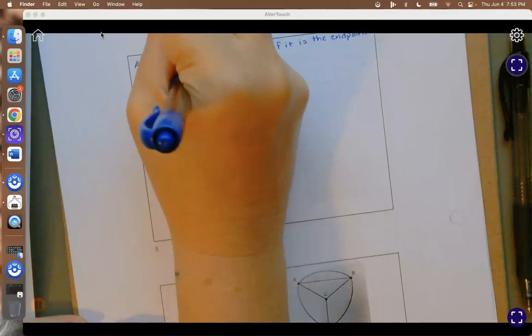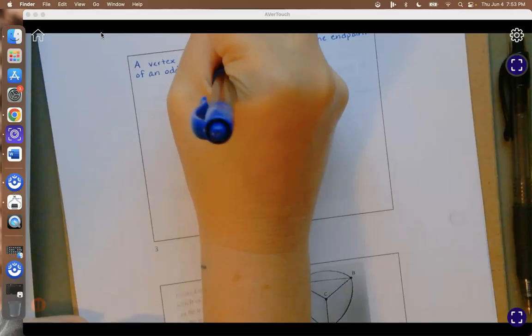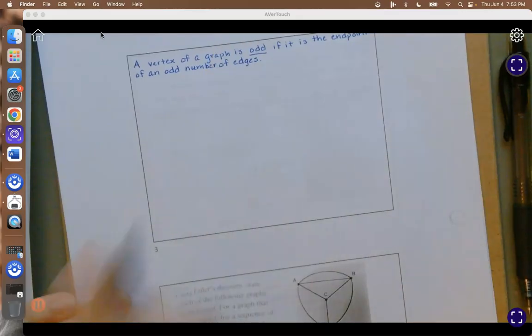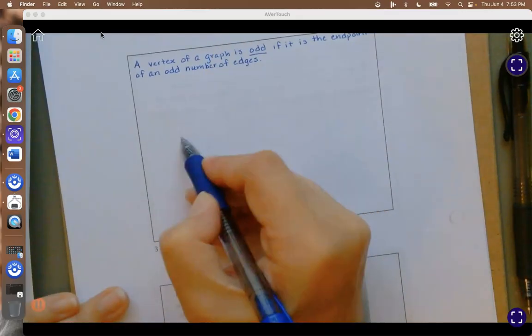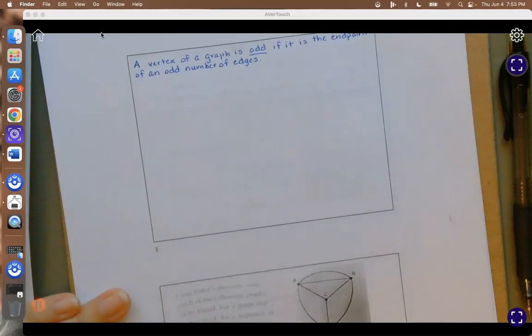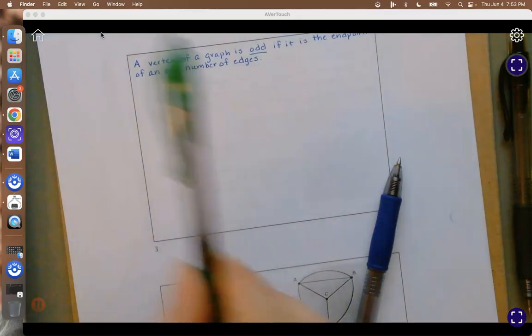And I need to put in here, in case of counting vertices, 0 is considered even. Okay.